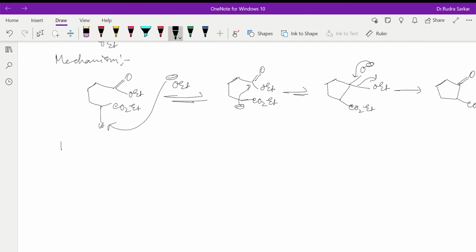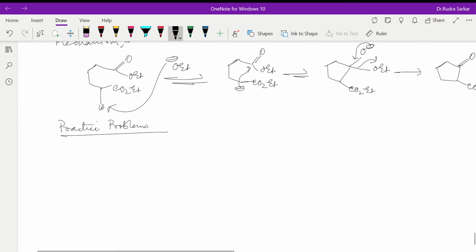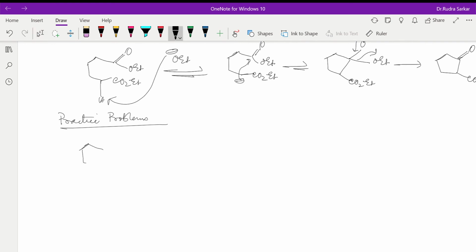Let us do some practice problems. Suppose something like this is given to you. Try to find out the alpha CH. So this is your alpha CH.